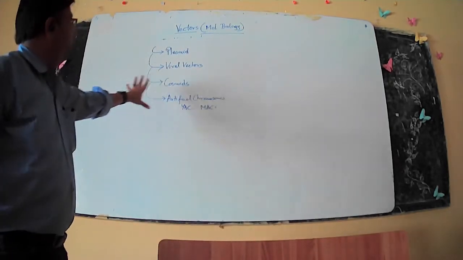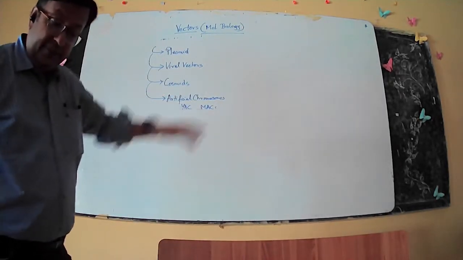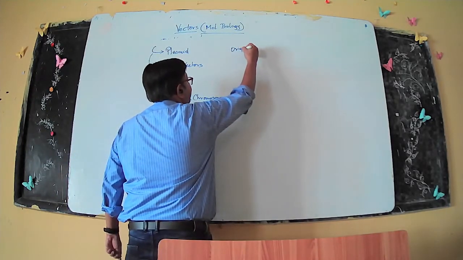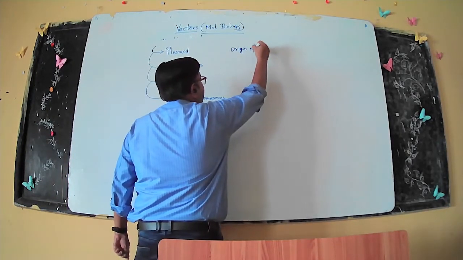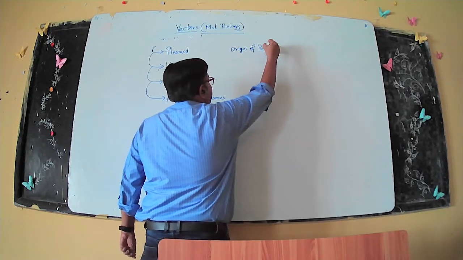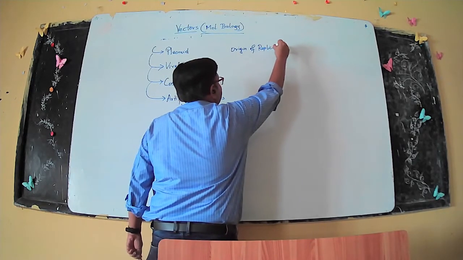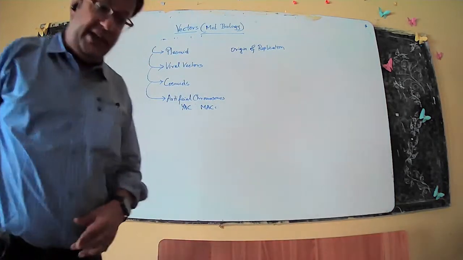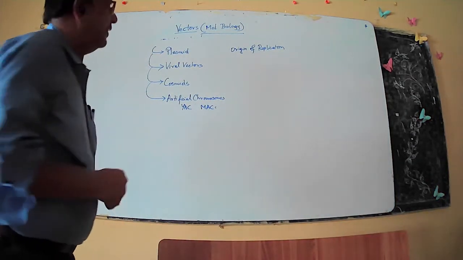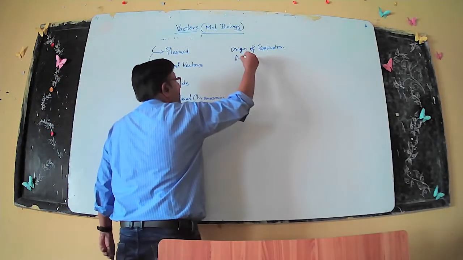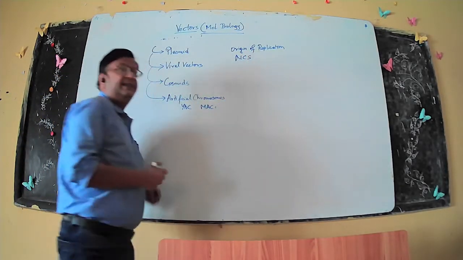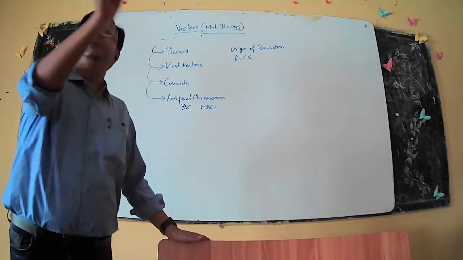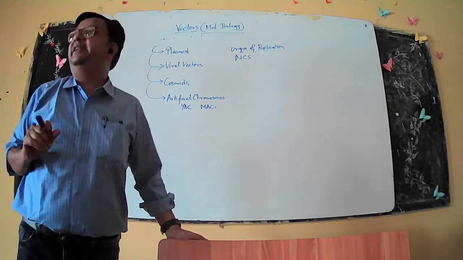So common to all the vectors, what do you have? You have an origin of replication, which has to be there. It will have a multiple cloning site, MCS. Multiple cloning site is the site where lots of common restriction enzymes sites are there.